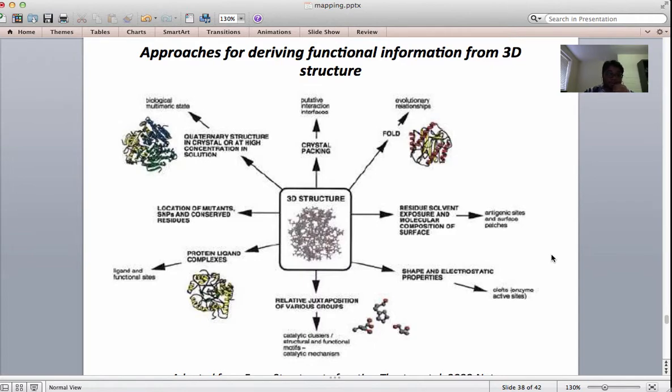The 3D structure based methods are based on the folding, the evolutionary relationships, the shape and the electrostatic properties of the proteins, the protein-ligand complexes, or what type of ligand it binds, and some molecular composition of the surface and the crystal packing.